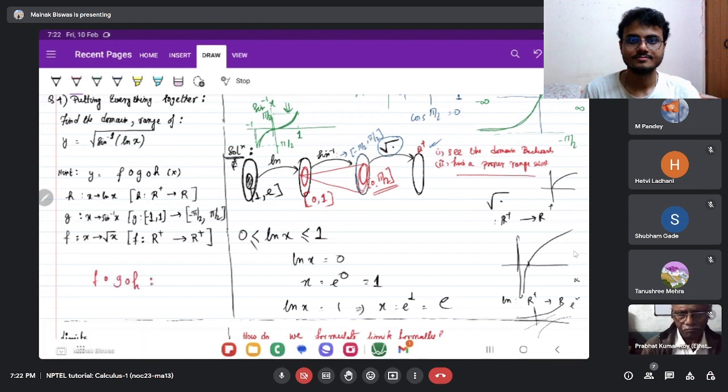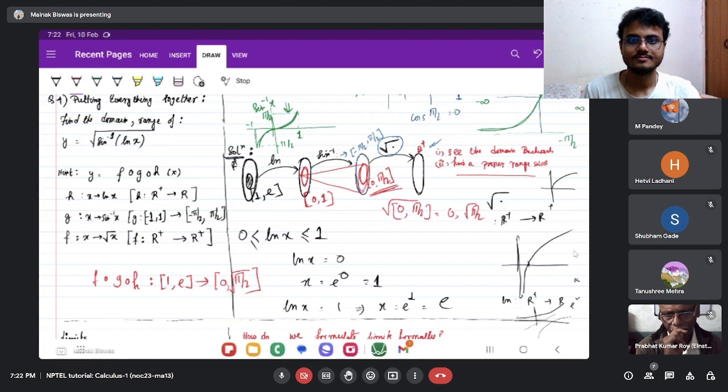So here f of g of h is a map from 1 to e, and what is the range set? 1 to e would be mapped, so this is the map, right? The last step would be between 0 and root pi by 2. This is the answer, right?